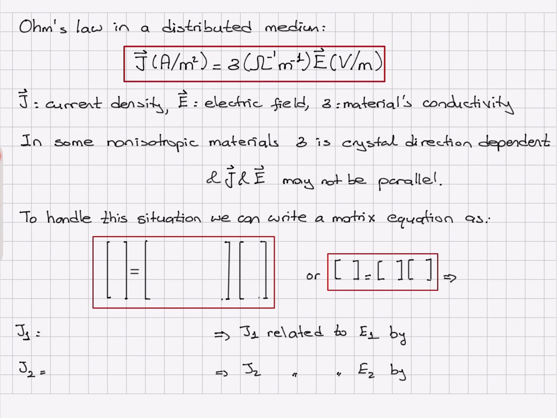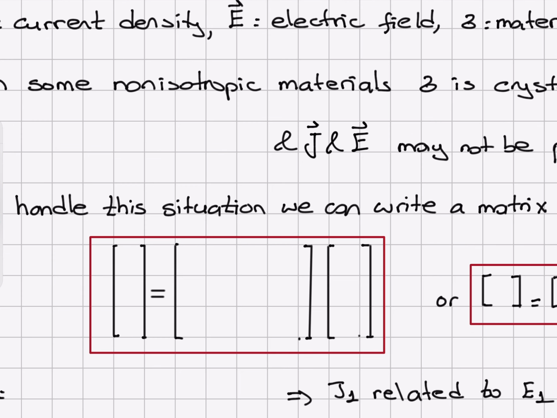Now, how do we handle this situation? To handle this situation, instead of writing this simple equation, we can write a matrix equation and say that we have components of the current density J1, J2, J3. These are related to electric field components E1, E2, E3 with this following conductivity matrix.